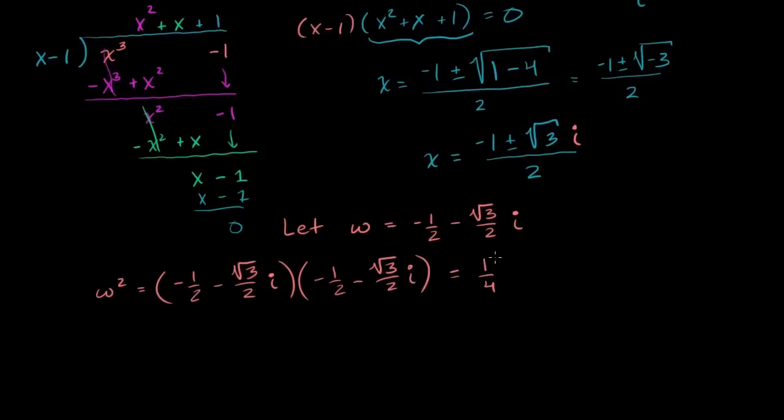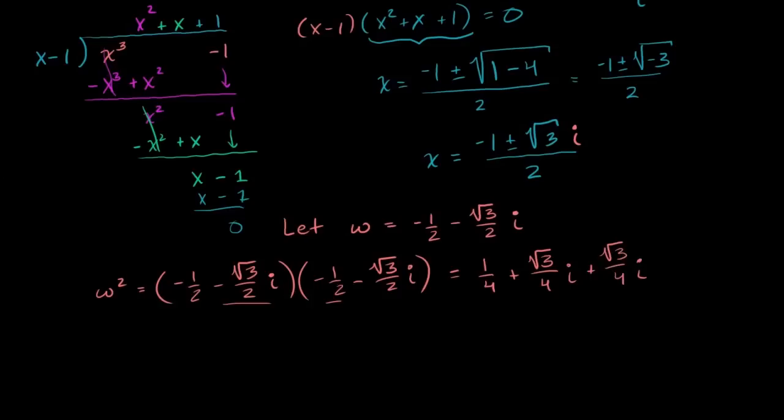The negatives cancel out. So -1/2 times this is going to be positive square root of 3 over 4i. Then we can multiply this times this. It's going to give us the same thing as that. So the negatives cancel out, and so we have plus square root of 3 over 4i.